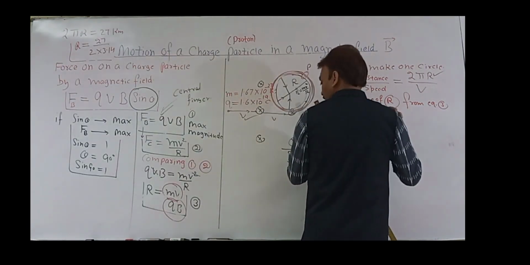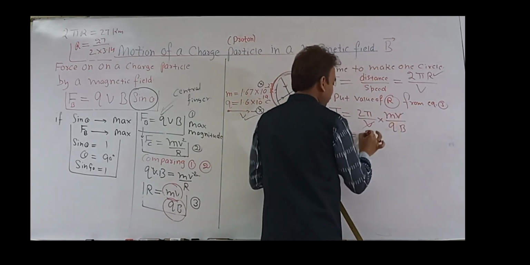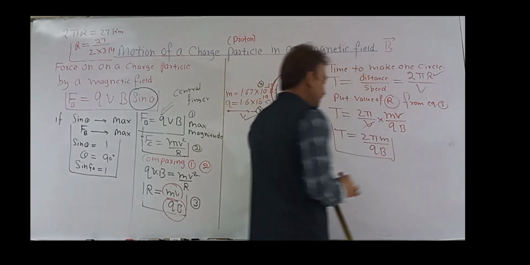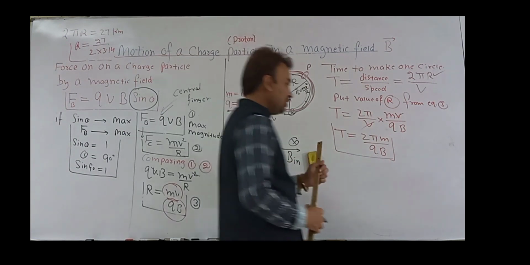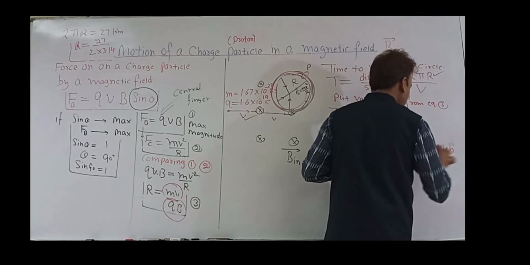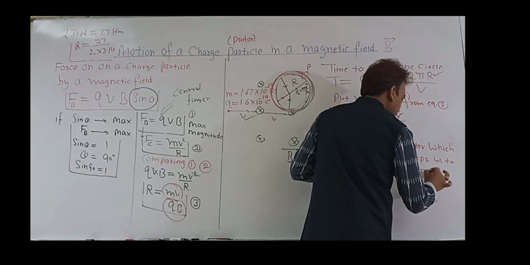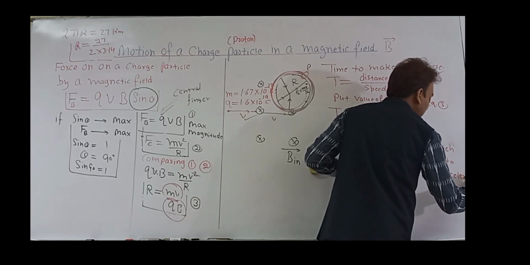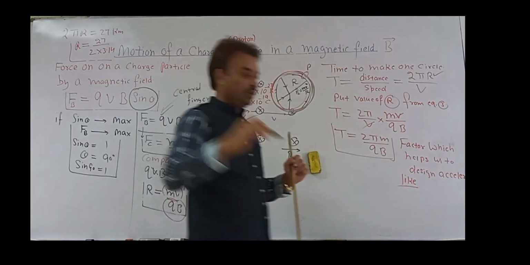V cancels, so T will be equal to 2 pi m upon q into B. And this is the factor which helps us to design the accelerator, a particle accelerator like the cyclotron. The cyclotron is also a particle accelerator, right?